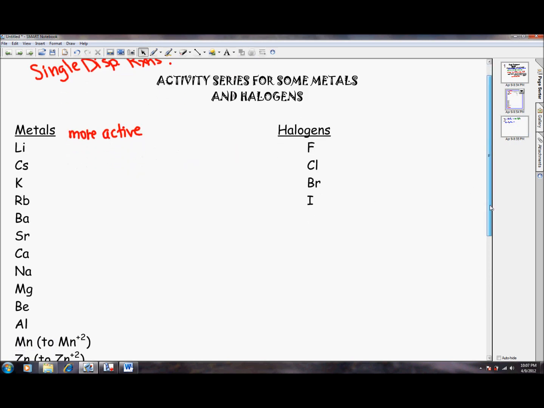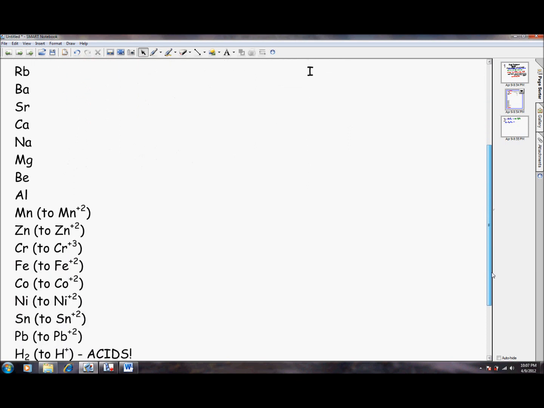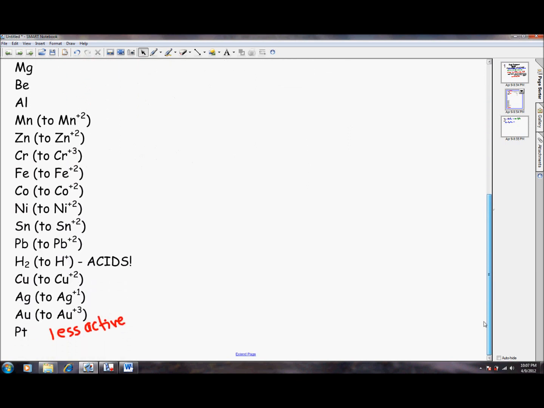Lead and silver are farther down. They're transition metals, which means they're not terribly active to start with. But here's Pb, and here's Ag. So Pb is going to be able to knock out Ag. It's going to be able to replace the Ag. That's why we call them single displacement or single replacement reactions. So Pb is going to become an ion. It shows you right here that when Pb becomes an ion, it will be Pb plus 2.